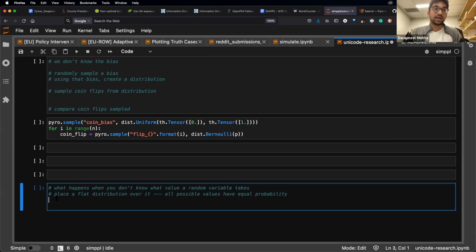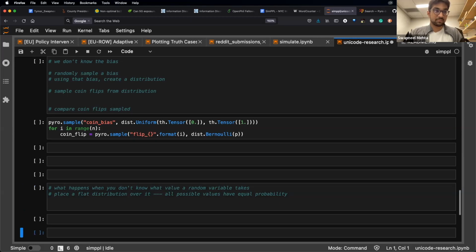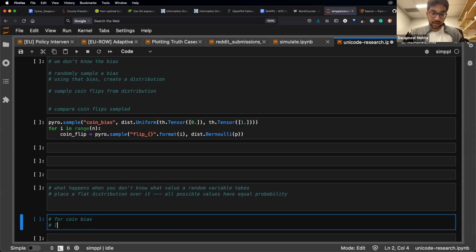So taking a specific example, for coin bias, I do not know what value to start at. So place a sample from a uniform distribution. This is my initialization.